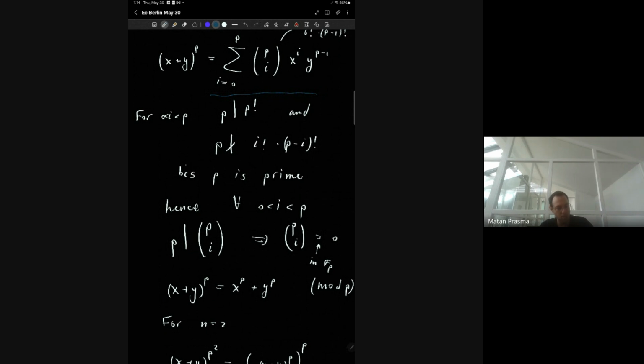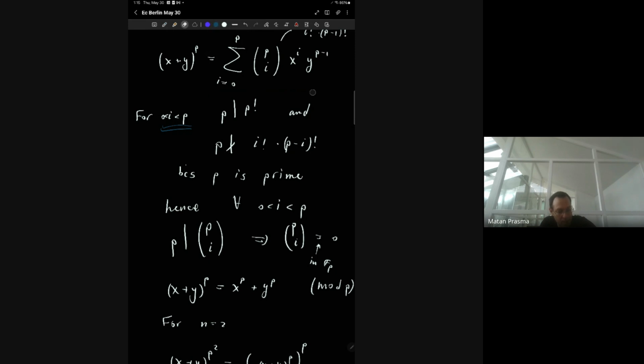The ones, so this is for any i that is not 0 and not p. That is, the first coefficient is not 0, and the last coefficient is not 0. If you think of it, the first coefficient, when i is equal to 0, this is p choose i. What is p choose 0?